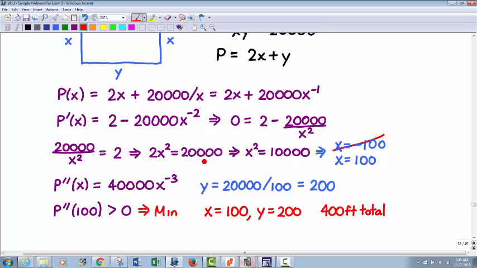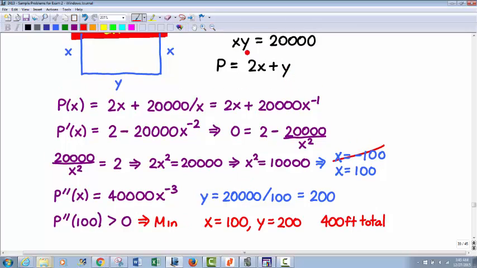If I put 100 in there, it's 40,000 divided by 100 cubed, which is obviously a positive number, greater than 0. The second derivative test guarantees that it is a minimum. You don't have to do that, but that's how you can verify whether it's a minimum or maximum.